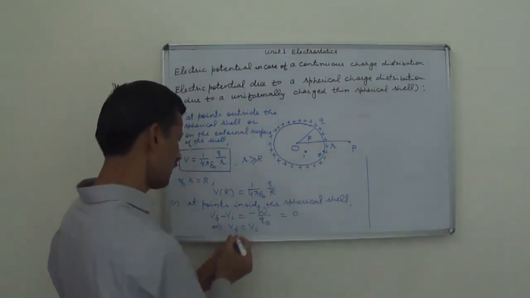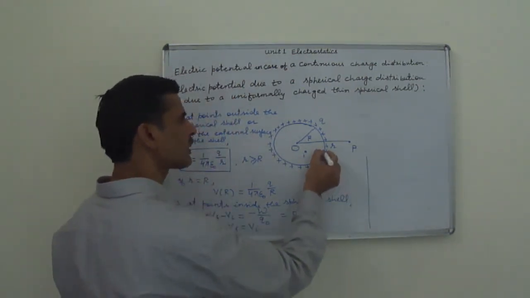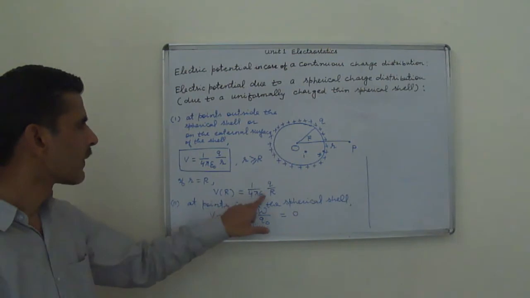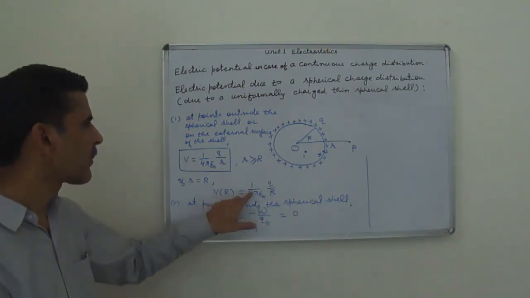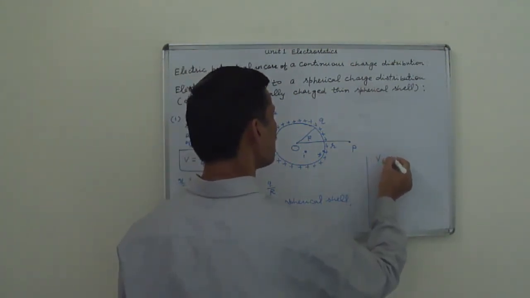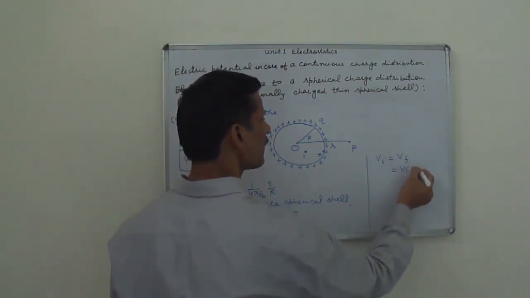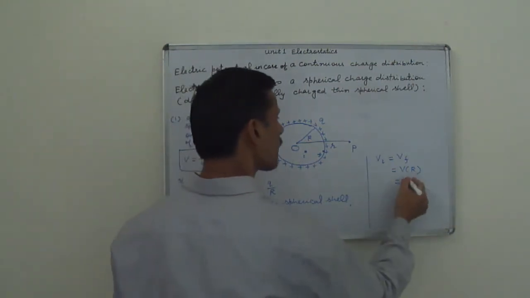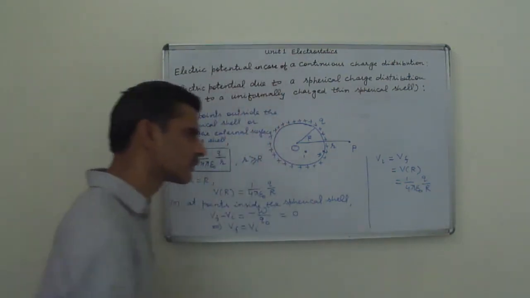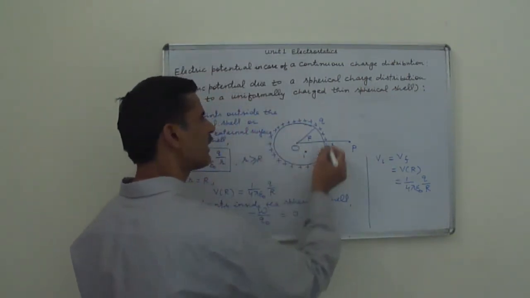So in this case, Vf is equal to Vi, and you know this point is on surface, and you have seen potential at a point on surface is this one. This means Vi is equal to Vf, and Vf here is equal to V(R), which is equal to 1 upon 4 pi epsilon naught Q upon R. And this I point is inside spherical shell.